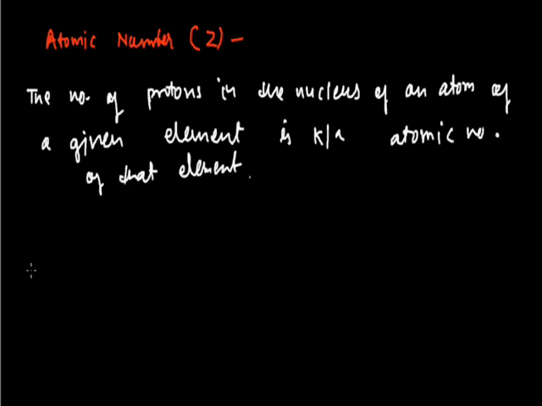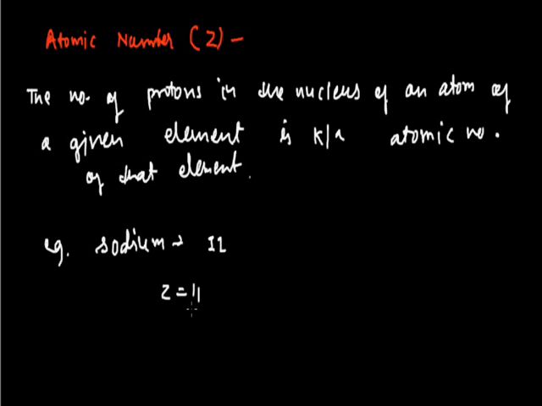For example, if you want to find out the atomic number of sodium, then we know that sodium has 11 protons in the nucleus, so the atomic number of sodium will be 11.